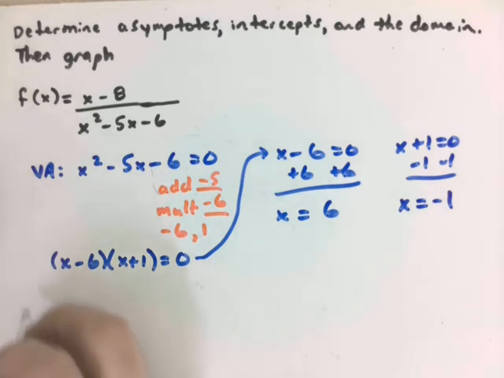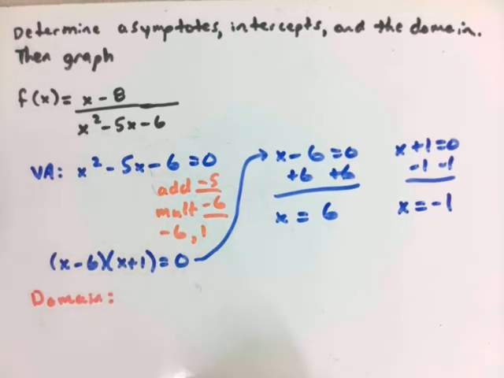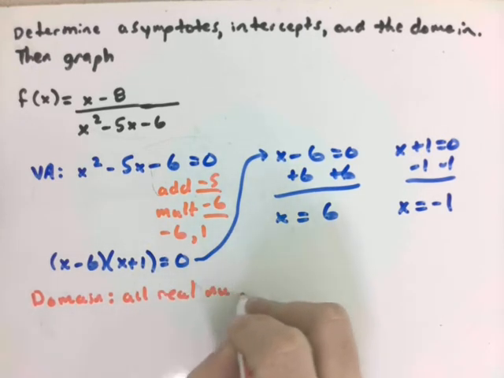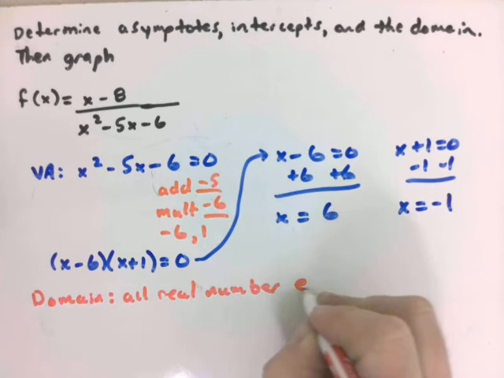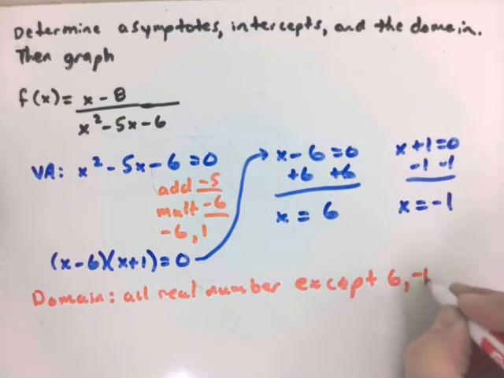So your domain you could state in two different ways. You could say for your domain that it is all real numbers except those two values. So you could say all real numbers except 6 and -1.